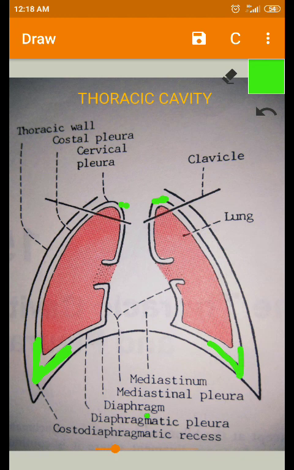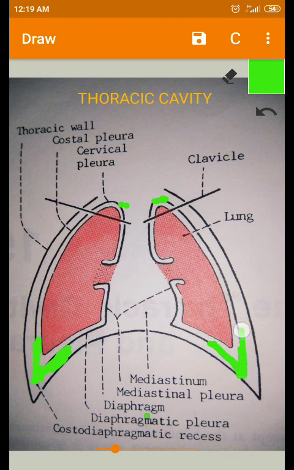There are two folds of parietal pleura which act as reserve spaces for the lung to expand during deep inspiration. In quiet breathing some expansion of the lung occurs, but during deep inspiration the lung will expand beyond the normal limit, so it requires some extra space. That space is provided by these extra folds.